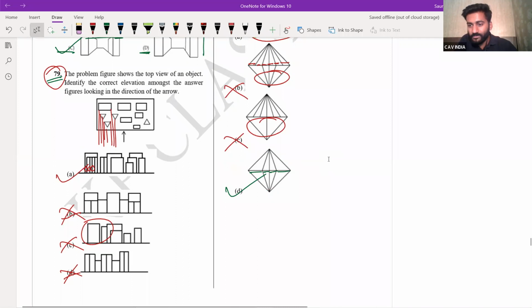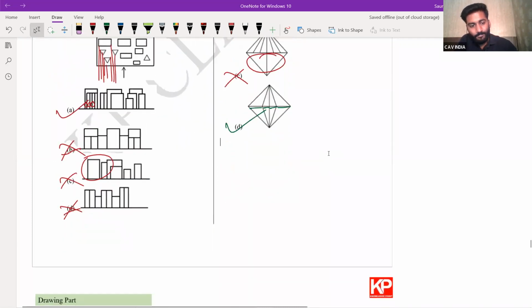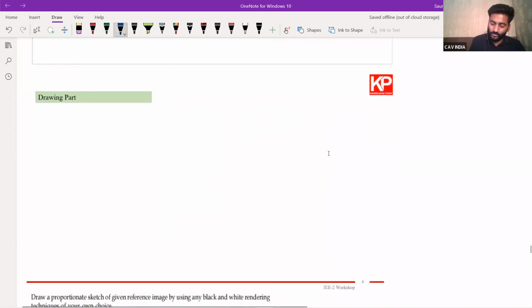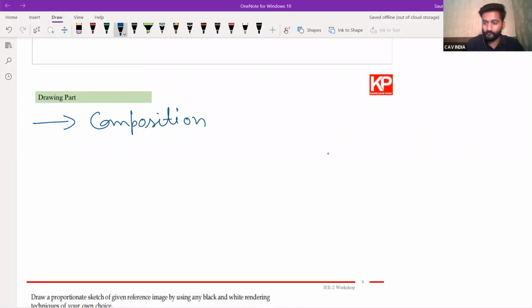So these 50 questions, they were of the aptitude part. If we look at the drawing part, there are a few points which you can take care of. First is the composition. Whatever scene is given or whatever question they are asking, always take care of the composition.